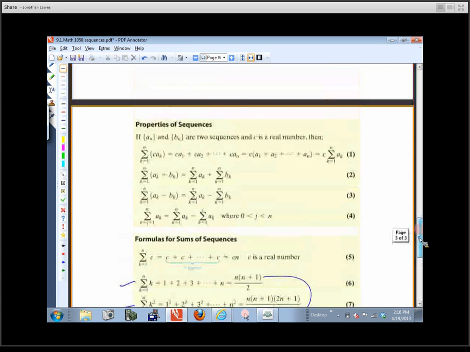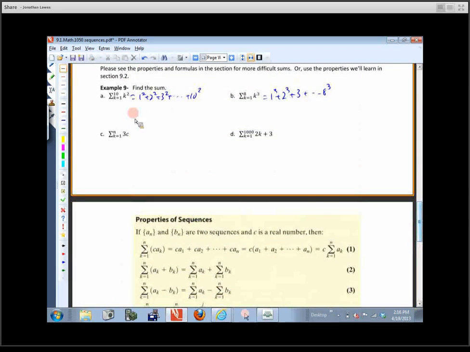So I'll show you how these work. Let's slide back up here and take a look at this one right here. The formula for this is n times n plus 1 times 2n plus 1 divided by 6. In this particular case, we're adding from 1 to 10. So what's n? What do we plug in here? We plug in a 10. So the answer to this problem is going to be 10 times 11 times 21 divided by 6.